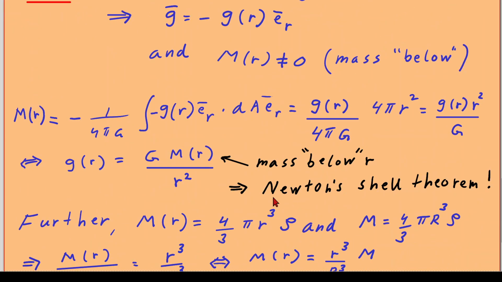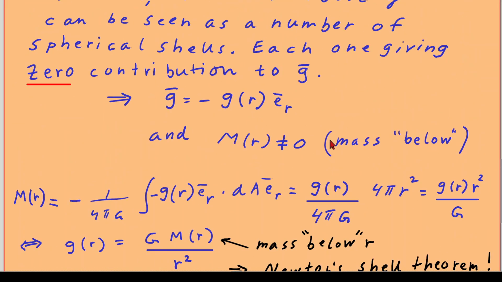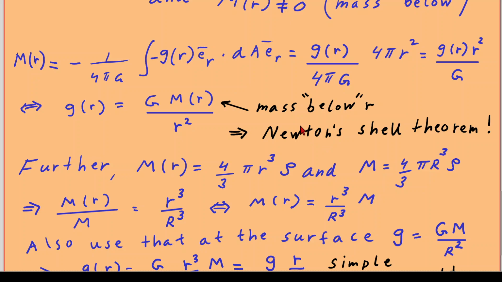And this is essentially what Newton's shell theorem says. The shells above you don't matter, and the only thing that does matter is the mass below you. So now we proved Newton's theorem using Gauss's law for mass. Actually, a quick proof here, so let's look a little bit further. The mass up to the radius R is volume times density.